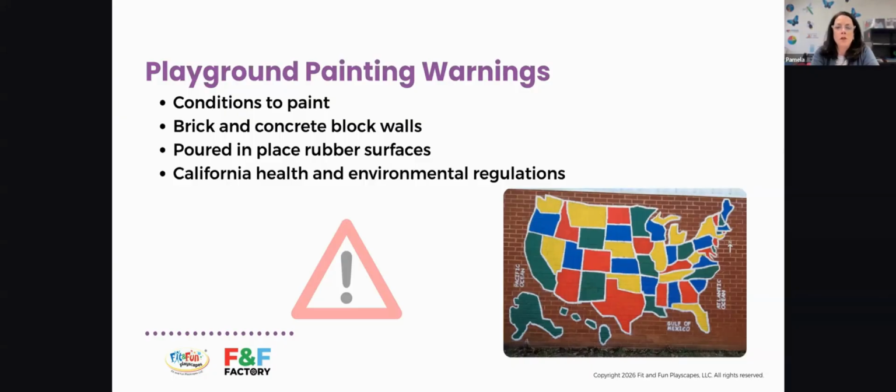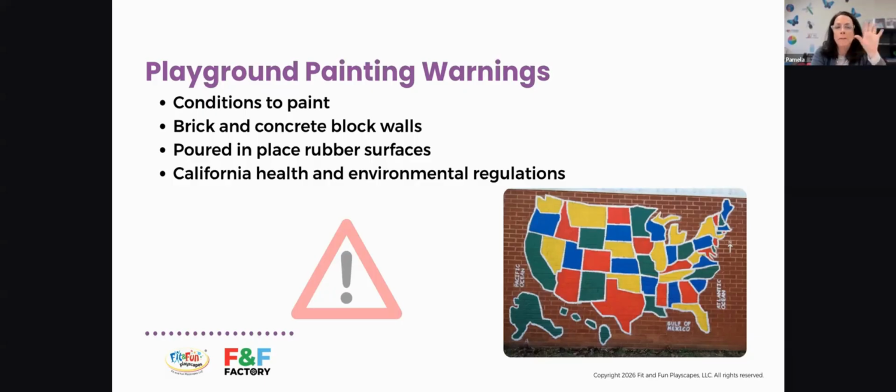And then when painting surfaces, especially walls, typically brick and concrete, you want to make sure the paint is compatible with that wall surface as well. Glazed brick is also used on a lot of buildings if you want to paint on walls. That typically does not allow paint to adhere to that.